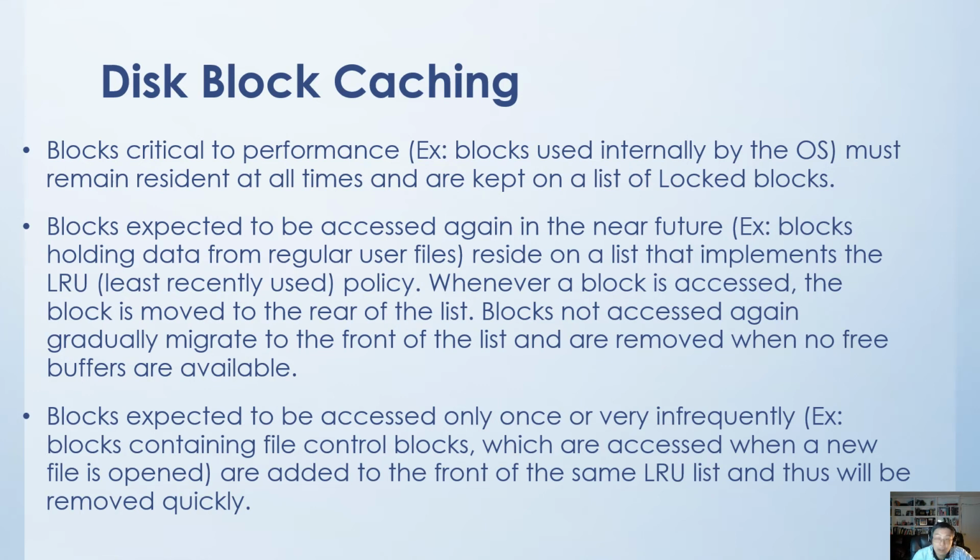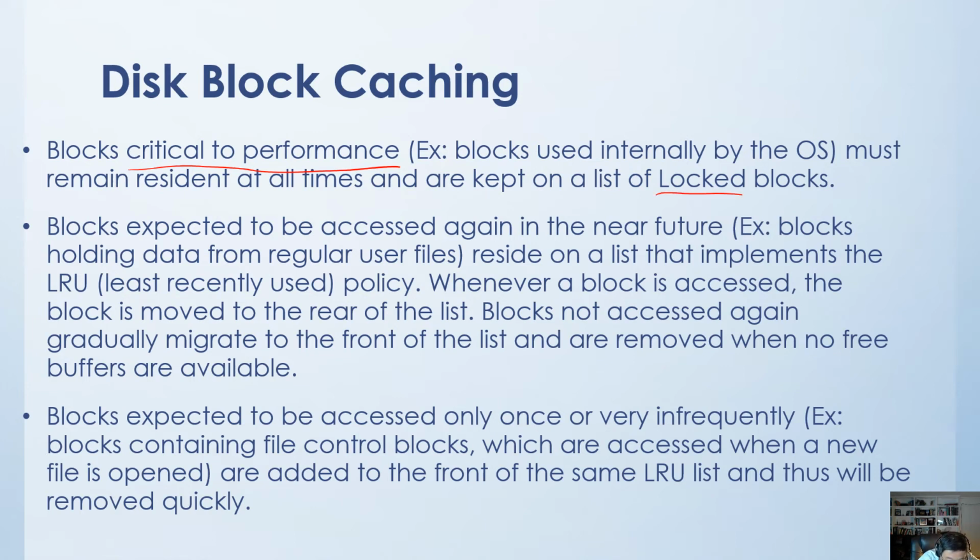Now these are three categories. First, blocks critical to performance, for example, blocks used internally by the operating system that must remain resident at all times, are kept on a list of locked blocks.